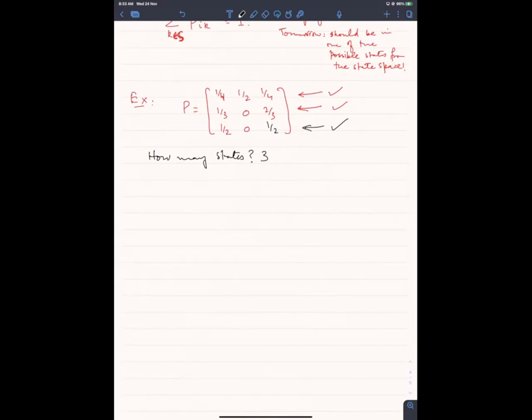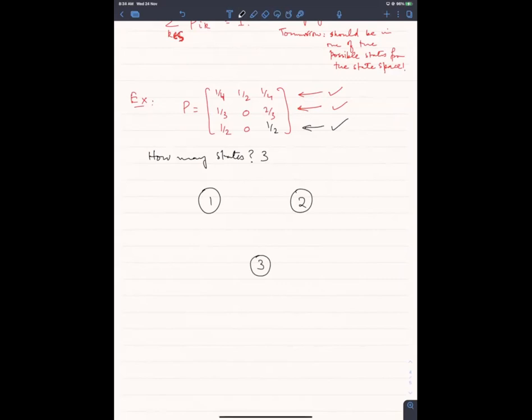All I know is that there are 3 states. I can call them any names. I will just go ahead and call them states 1, 2, and 3, although it is entirely arbitrary. So I have state 1, state 2, and state 3.